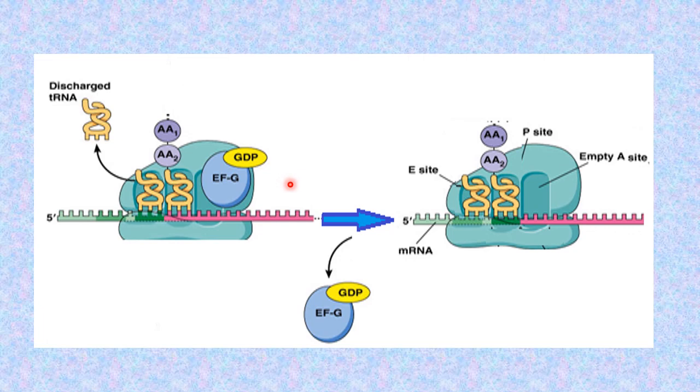So in this manner, this process goes on with the help of these elongation factors, and there is translocation of the ribosome from the 5' to the 3' region until it reaches the stop codon. And it is at the stop codon that this translation process ends or terminates. So this will lead to the termination of the translation process or protein synthesis, about which we will be talking in our next video.